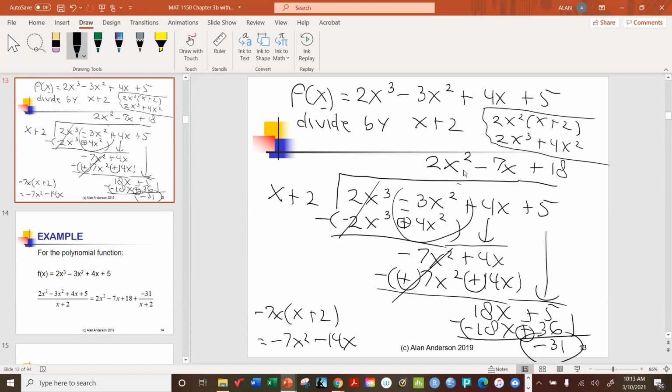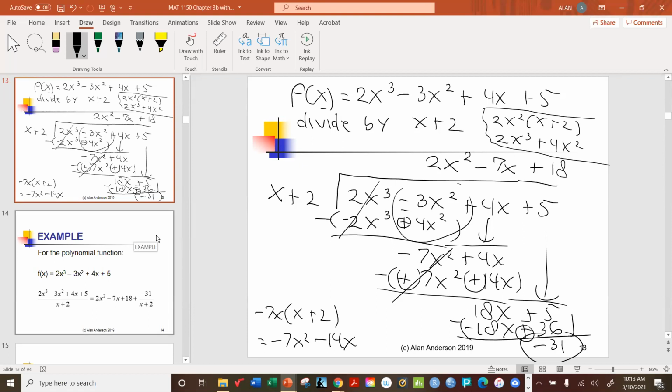So what this means then is the following. I've got a remainder of minus 31 over x plus 2. So I've got 2x squared minus 7x plus 18, but then I have this little remainder down here. So the final result of this division is this.